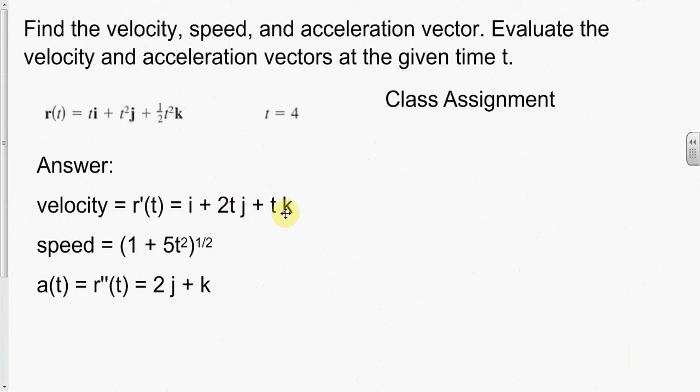Plus 4k for the velocity. No, sir. You put the t equal to 4 in after you find the velocity. If not, then you just get 0 for your velocity, right?